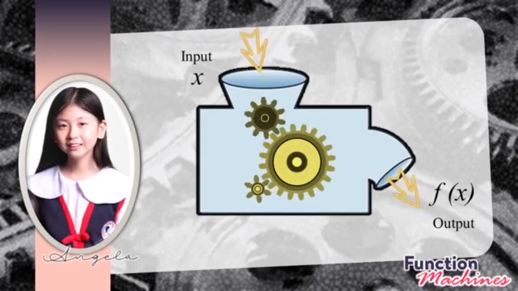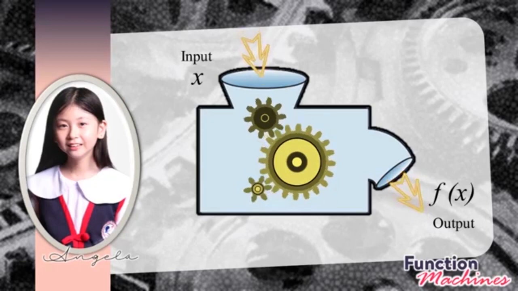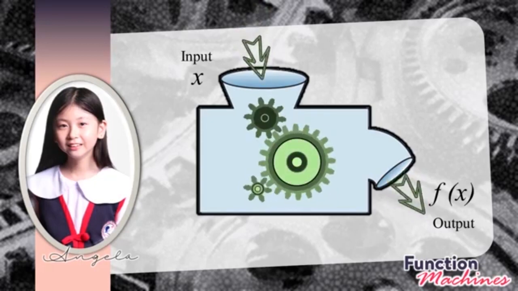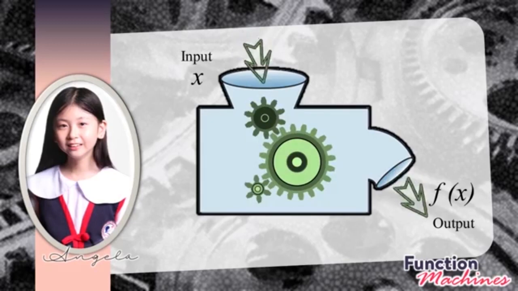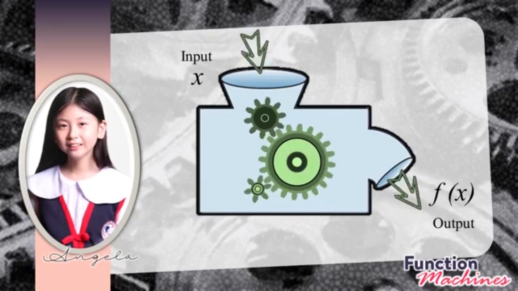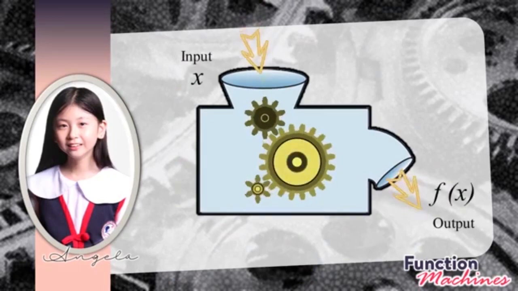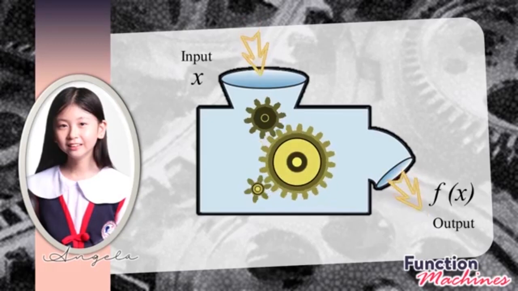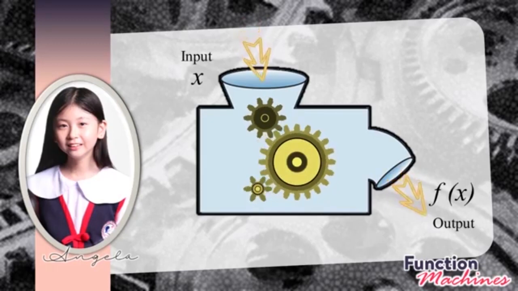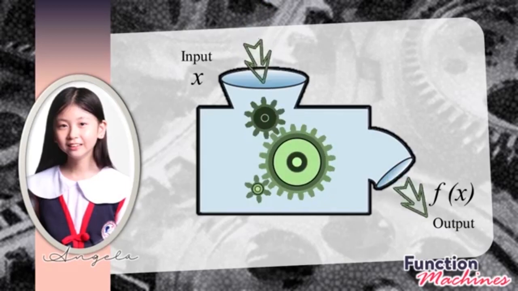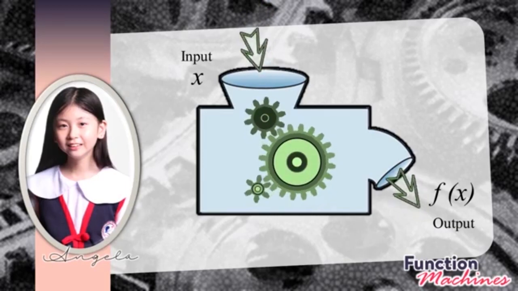A function machine accepts a number or a set of numbers, which we call inputs, does something to that number and changes it into a new number, which we will call the output. An input goes in, something happens to it inside the machine, and output comes out. Another input goes in, another output comes out.